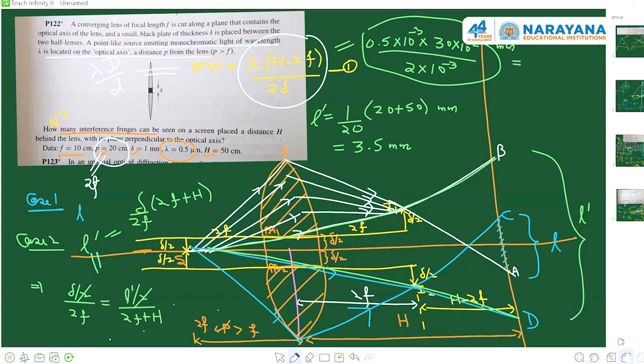I know one thing, that the location where the image is formed, this is your overall principal axis which I have taken here, right? With respect to this axis, I have shown my image to be formed here.